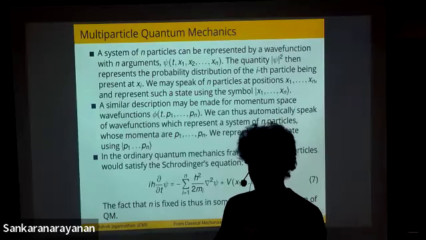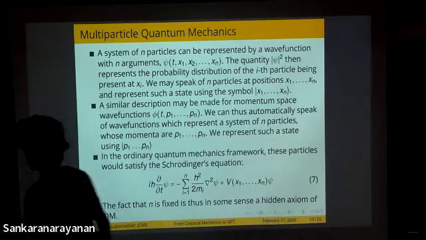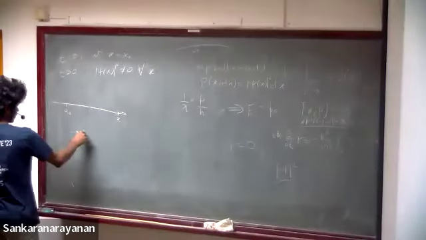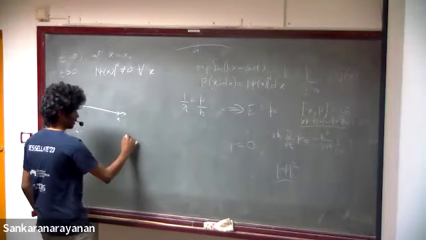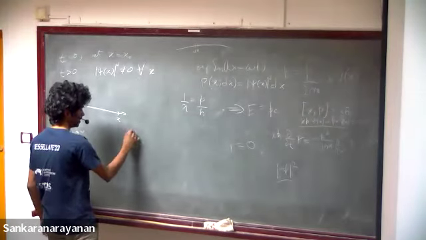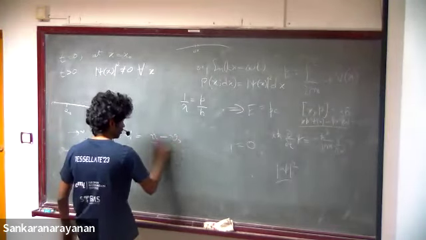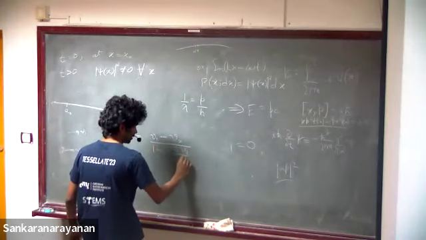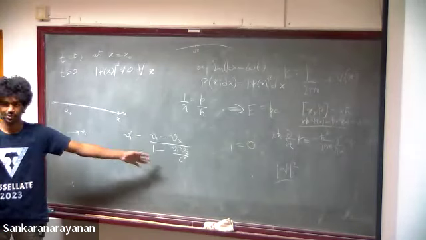You can't just add velocities like you do in classical mechanics. I think I'll just write it down. If a particle is moving at v1 and there's an observer at v2, then v1 prime is v1 minus v2 by 1 minus v1 v2 by c squared. So you can show that this is always less than c.